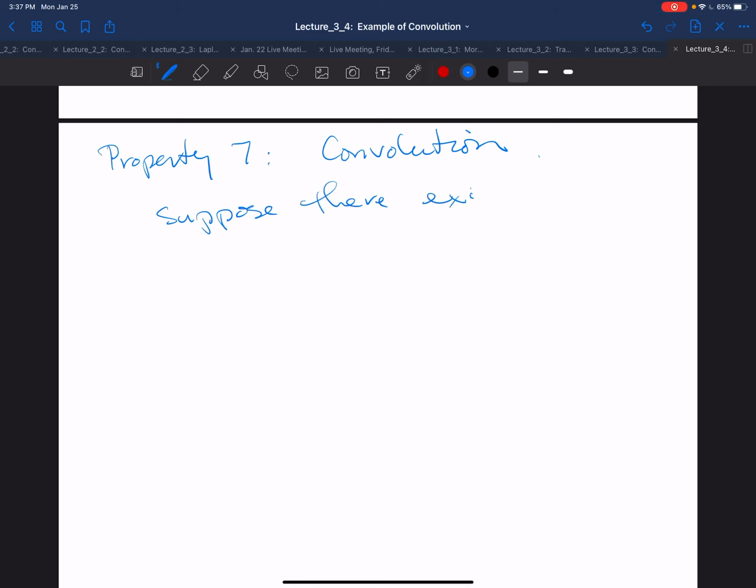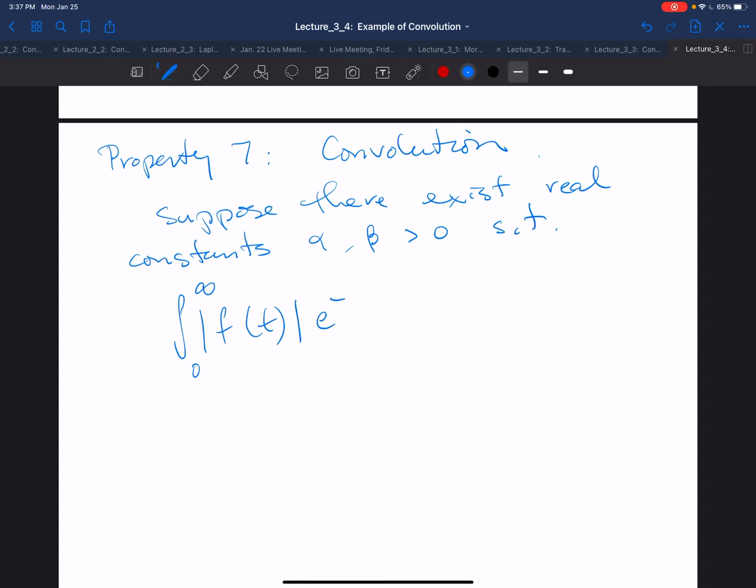Suppose that there exist real constants, alpha and beta, such that the two integrals, the integral of e to the minus alpha t times the modulus of f of t dt, and the integral of e to the minus beta t times the modulus of g of t dt, exist.